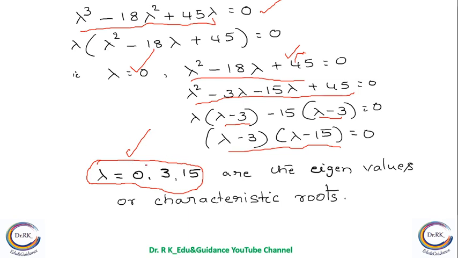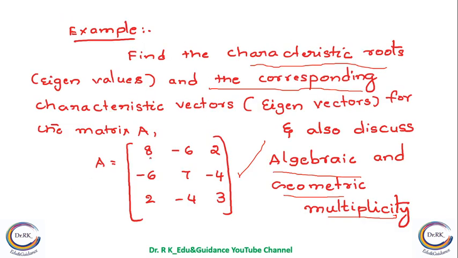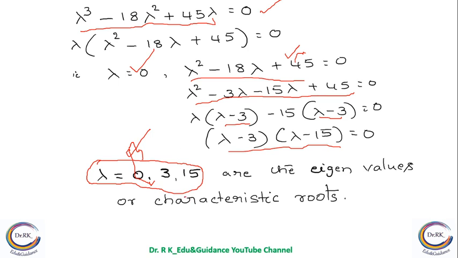One simple thing is to see the sum of eigenvalues: 0 plus 3 plus 15, that is 18. Then go back to the matrix. The sum of the diagonal elements is what we call the trace: 7 plus 3 is 10, 10 plus 8 is 18. That is the trace of the matrix, the sum of principal diagonal elements. The sum of eigenvalues is 0 plus 3 plus 15, 18. They are the same, so we can say that what we have are right eigenvalues.